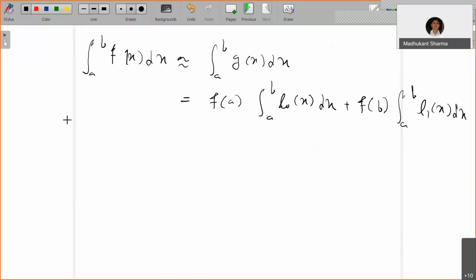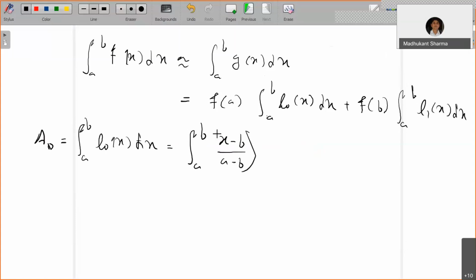Right? Now what we have is the integration of L0 of x dx. Now you have to calculate it, which we call a naught. That is equal to the integration from a to b of (x minus b) divided by (a minus b) dx. Now this is going to be 1 by (a minus b) times (x minus b) whole square by 2, and put upper limit minus lower limit.